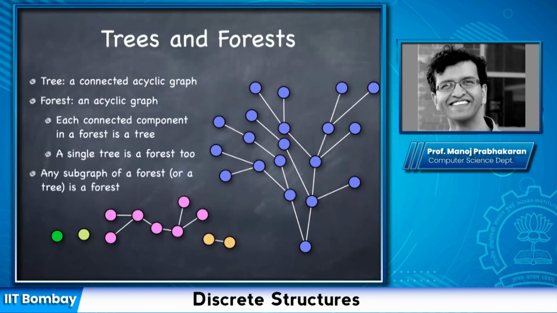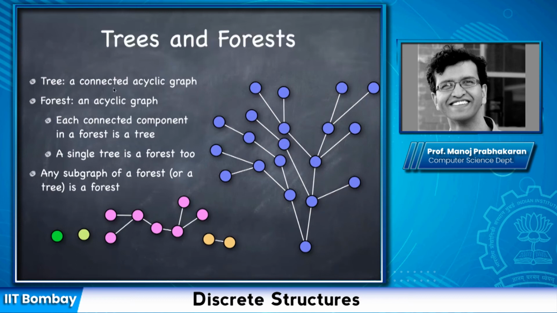And so we'll see a few useful properties of trees and forests. The first one is that if I took a forest and considered any subgraph of the forest, so remember, to get a subgraph, I would delete some nodes and edges. And by deleting, I don't create a cycle. So if I started with an acyclic graph, it will remain an acyclic graph. So if I took a forest and created a subgraph, it will remain a forest.